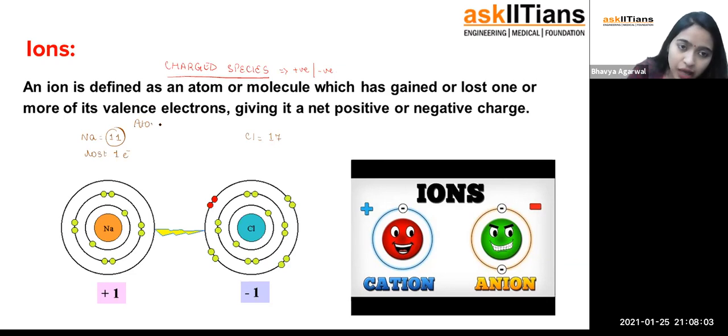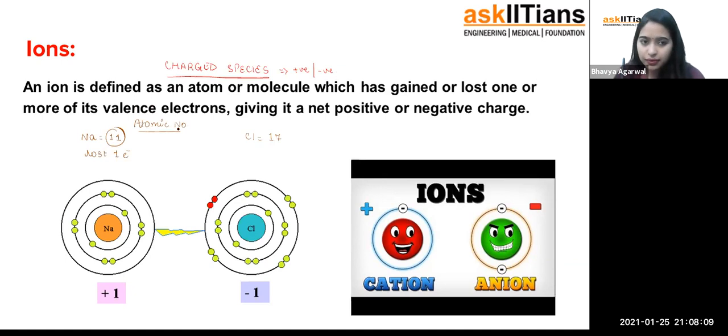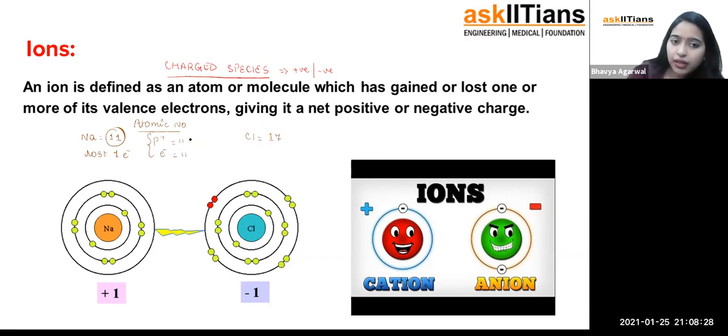This is known as the atomic number, which we are going to discuss in the upcoming topics. The atomic number represents how many protons are present in an atom. So sodium has 11 protons and 11 electrons.